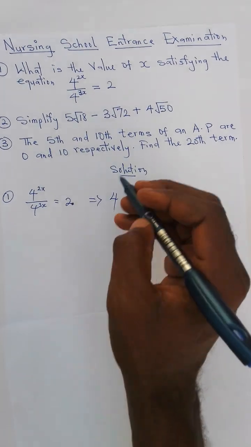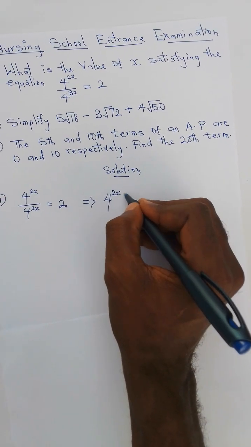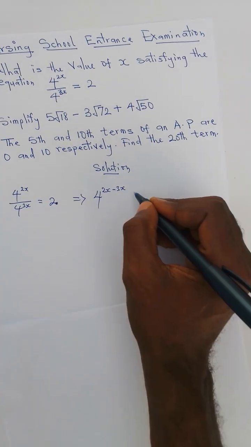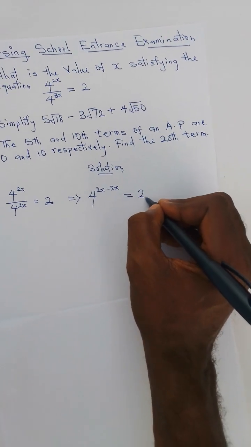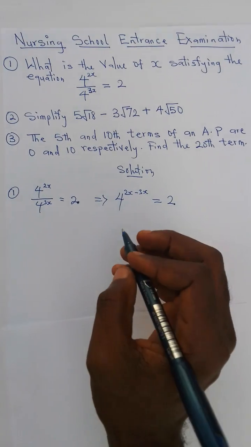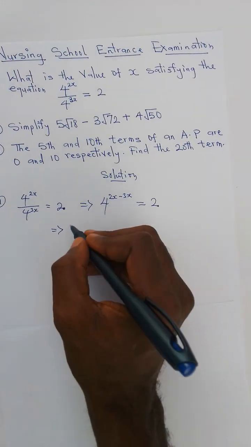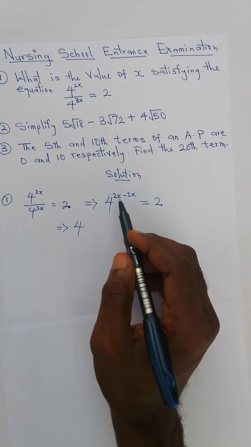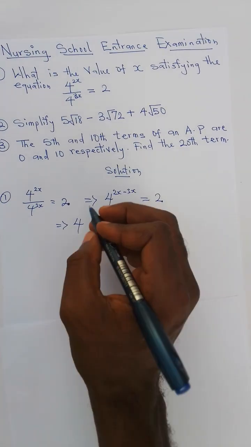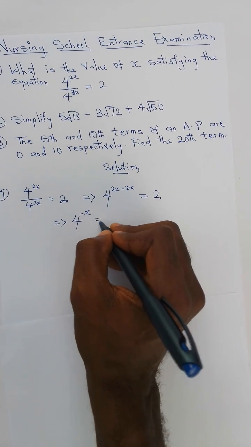So subtract this power. So that is going to be 2x minus 3x equal to 2. Okay, so we are going to have 4 raised to power 2x minus 3x, that will be minus x equal to 2.